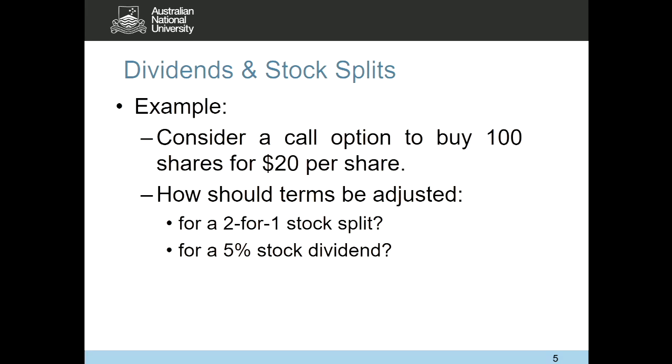Okay, just imagine if you own 100 shares and the share price is $100, and the company gives you another 100 shares, but the share price drops to $50. So the company is basically doubling the number of shares you own, but the share price has to halve.